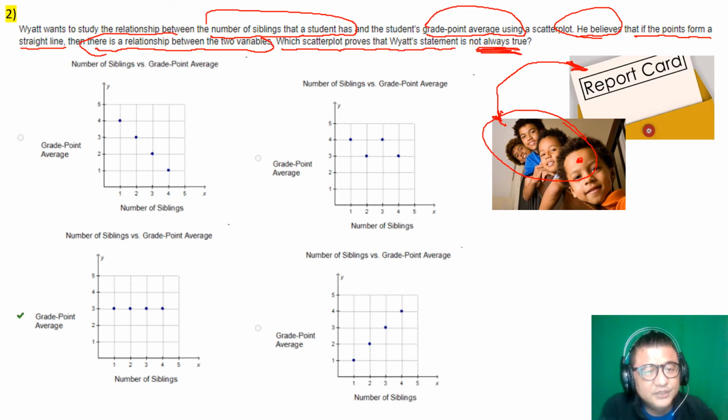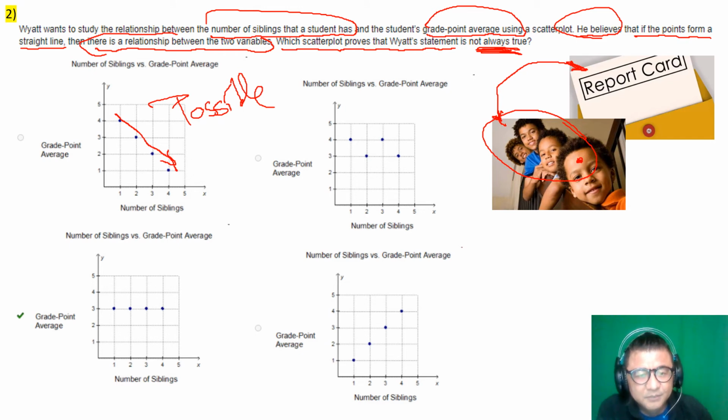Okay, so this could happen, all right? The more siblings you have, the lower your grade is. That's possible. All right, how about this? Look at this. A positive. The other one is a negative. This one means the more siblings you have, the higher your grade point average.